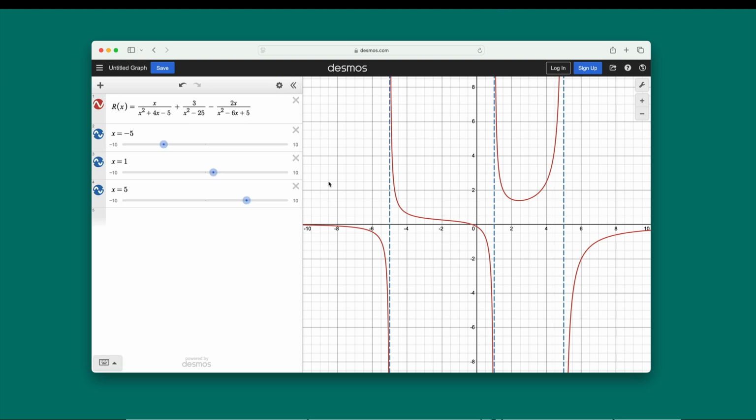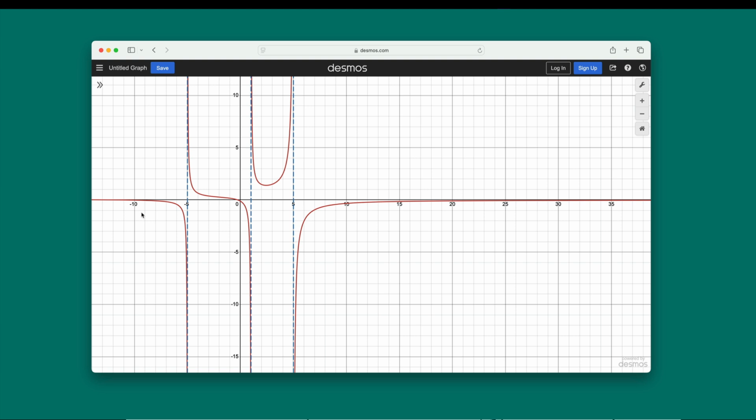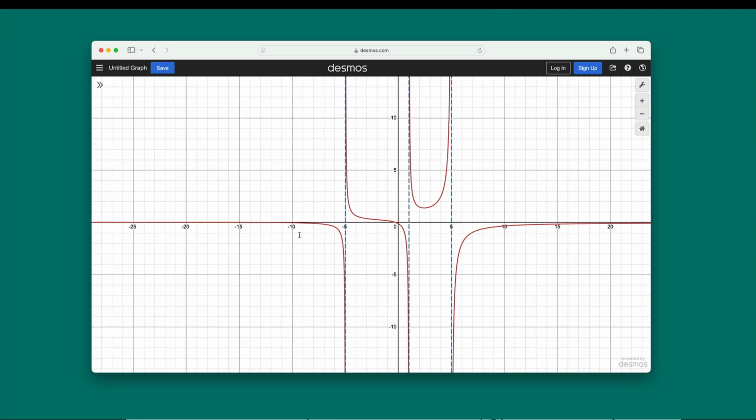Okay, so now that we have our asymptotes, let's see where this function is less than 0. That means it would have to be below the x-axis. In other words, we want the outputs that give us negative values. I'm going to zoom out a tad here and examine this.